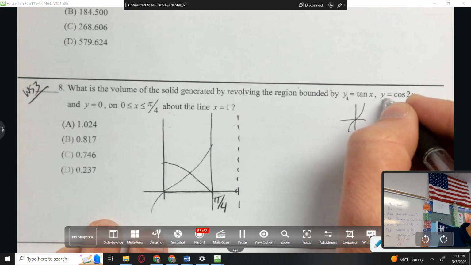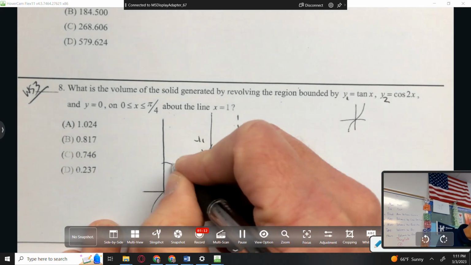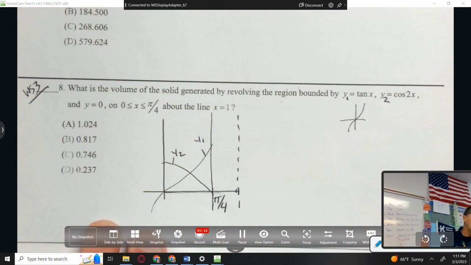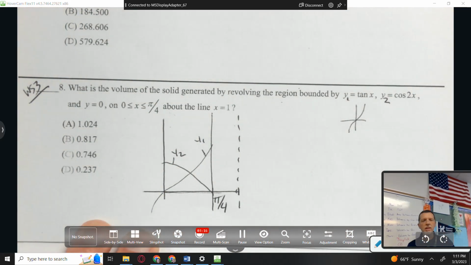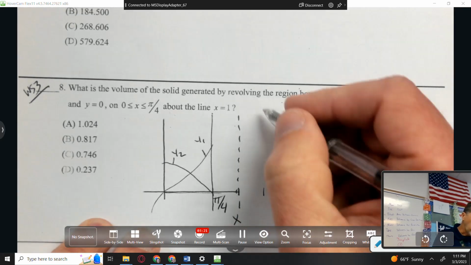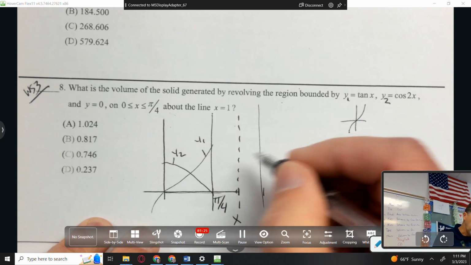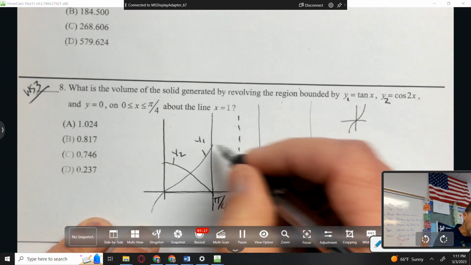I'm going to call them y1 and y2. And we want to rotate that thing around x equals 1. So, goodness, this is going to be weird looking.